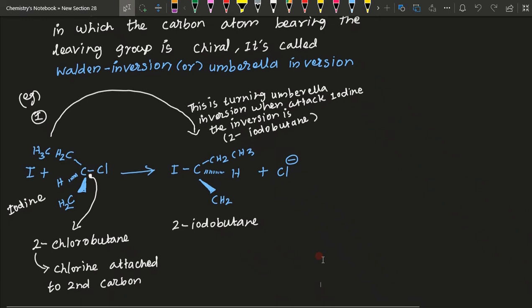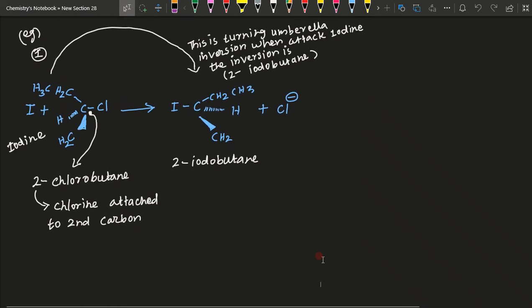See below. Note, this is the second carbon. That is why we get 2-iodobutane and 2-chlorobutane. This is 2, this is 2.